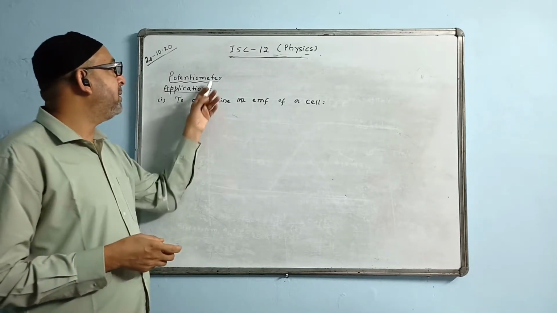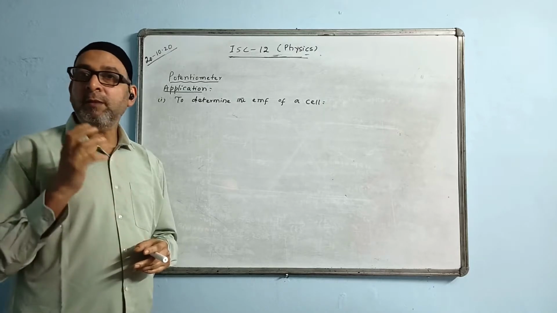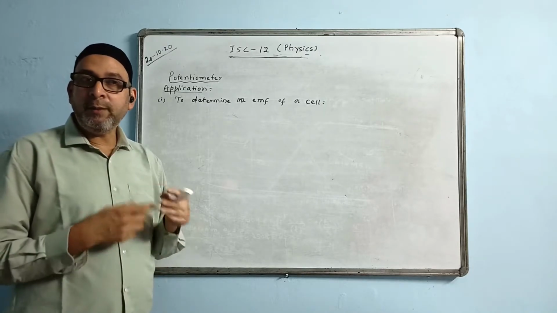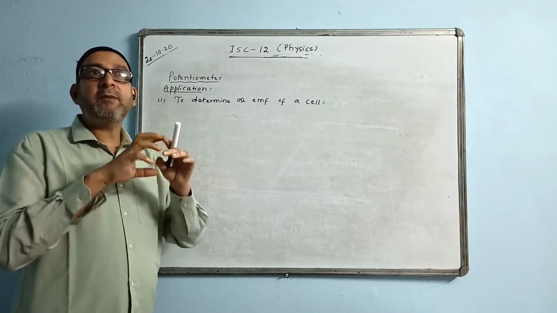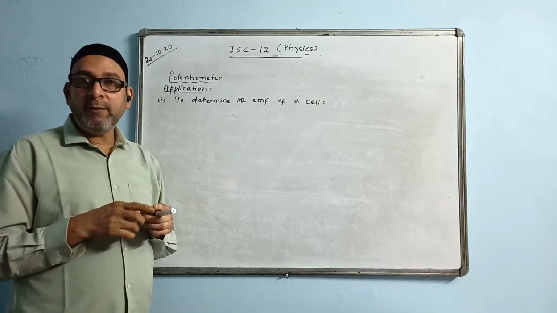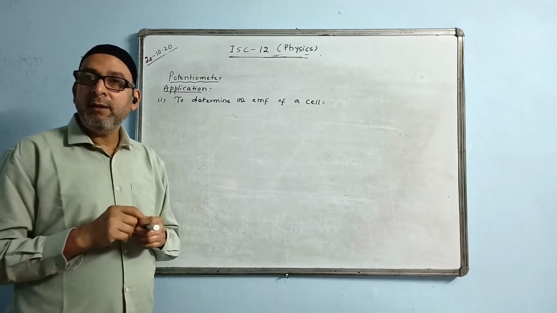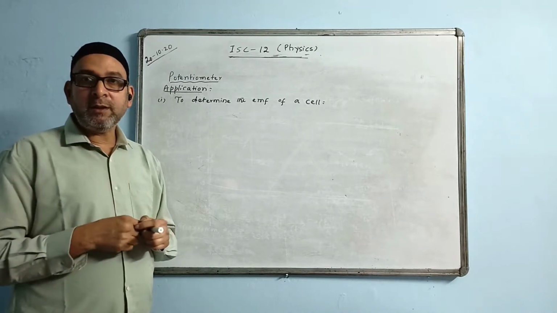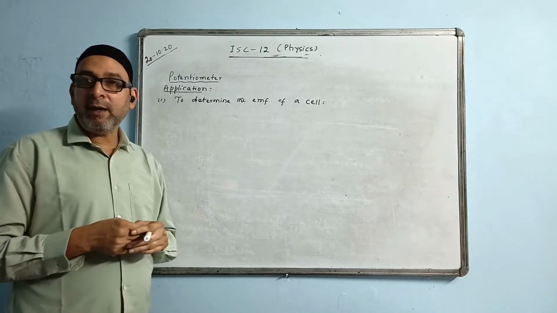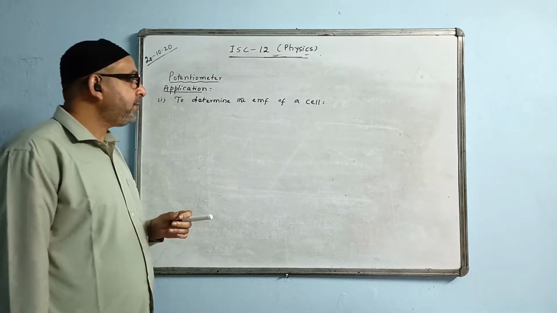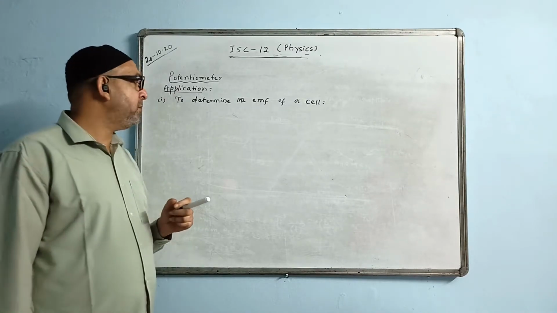So that is why it measures the EMF of a cell much more accurately than a voltmeter. When we try to measure with a voltmeter, the voltmeter will consume some current from the circuit. Though it consumes less current, it consumes some current from the circuit. So hence it does not measure accurately. That is quite an important question.